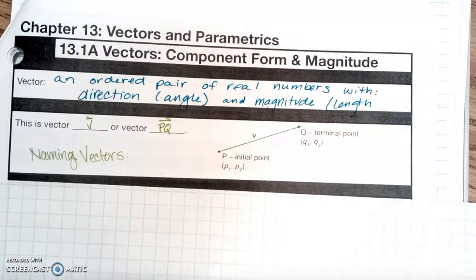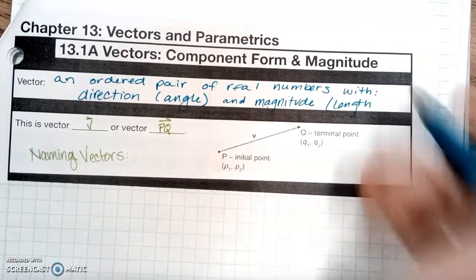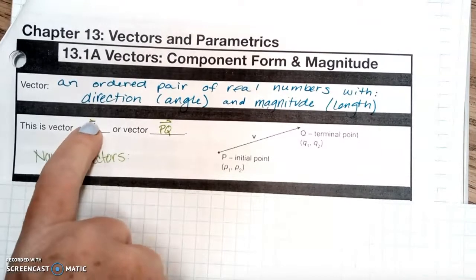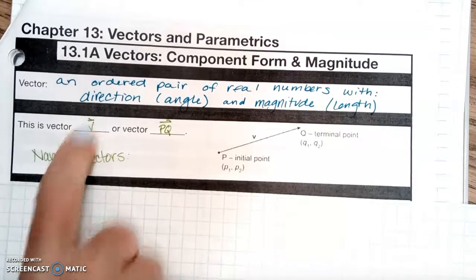So the first thing we want is the definition for a vector, which is an ordered pair of real numbers with direction being the angle, and magnitude, that's going to give us the length. You're going to see a vector written with a little half pointy ray thing on top of it.